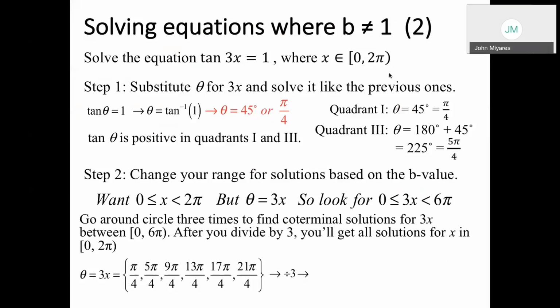Now what I want to do is divide each of those answers by 3, because those are my answers for 3x. When we divide those answers by 3, we're going to get pi over 12, 5 pi over 12, 9 pi over 12, 13 pi over 12, 17 pi over 12, and 21 pi over 12.